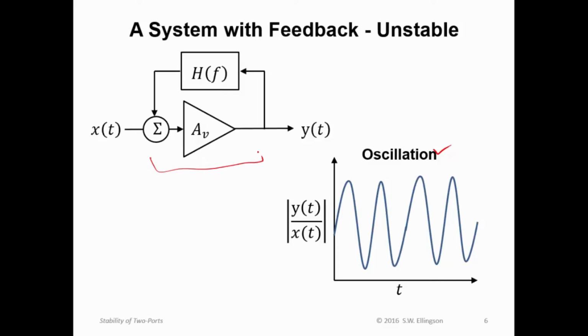So I guess in general we can refer to instability as the tendency of a system to be time varying in its overall gain. Now that's a little bit of an informal definition, but the concept is correct.